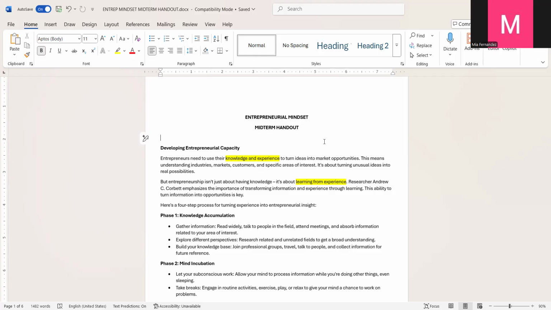Aside from that, you need to also have the actual experience, let's say in a hospital, so that you would also know the processes and protocols in a hospital setup.